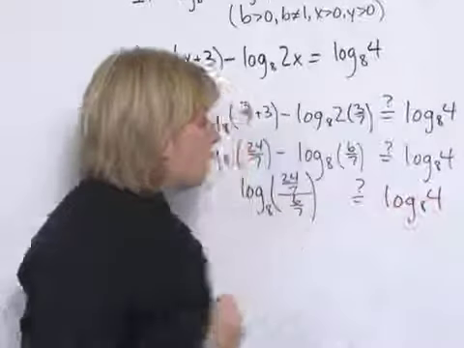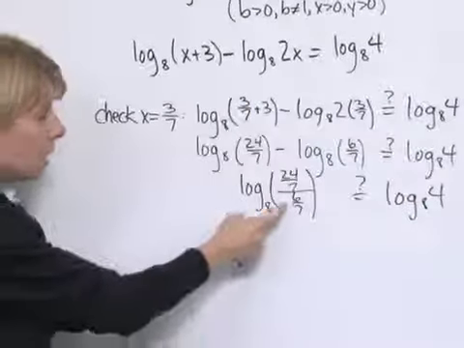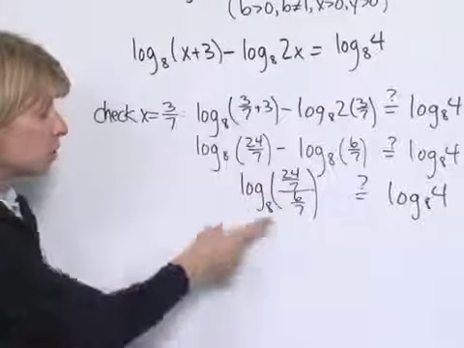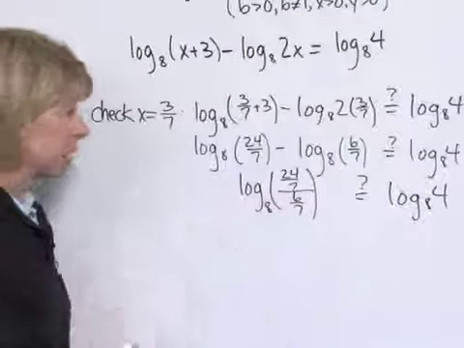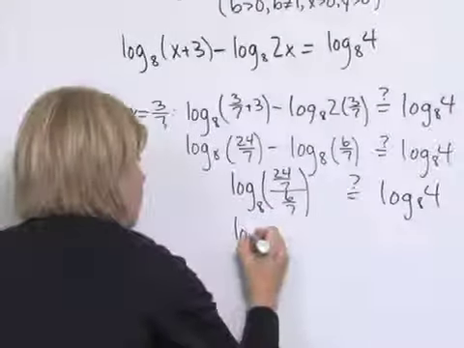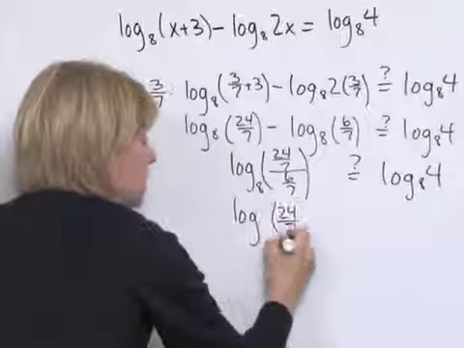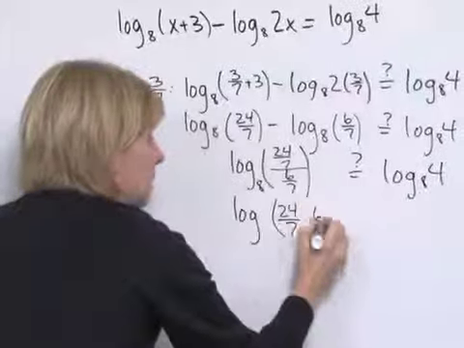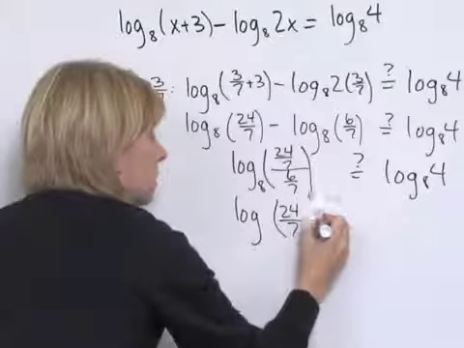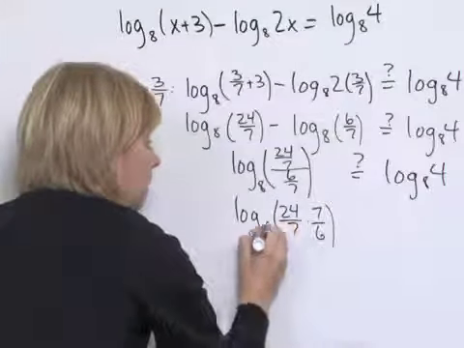Does that equal log of 4 base 8? And inside parentheses here, we need to invert the bottom fraction and multiply. So that will look like 24/7 times 7 over 6 base 8.